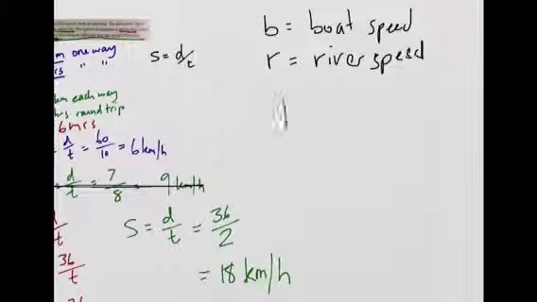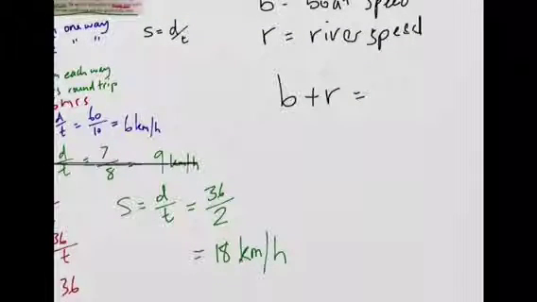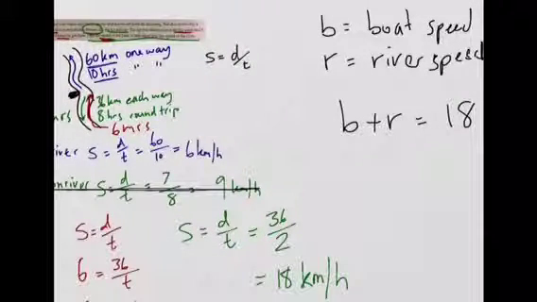Well, the boat speed plus the river speed, when travelling with the current, so when travelling downriver, would be 18 kilometers per hour. Now, when travelling up the river, the boat would have its speed, and the river's current would be working against that speed.